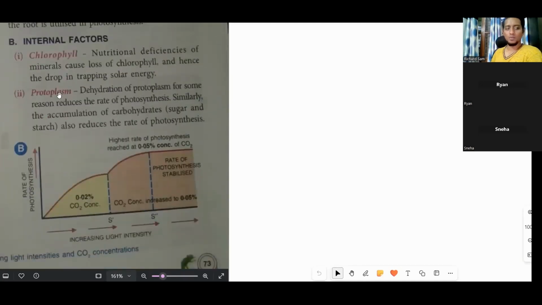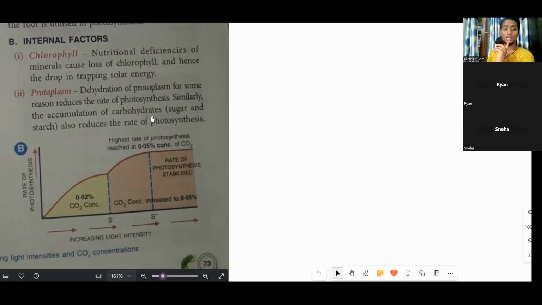Next is protoplasm. What is protoplasm? Everything inside the cell is called protoplasm. That is cytoplasm plus nucleus. If the protoplasm gets dehydrated for some reason, dehydration of the protoplasm can reduce the rate of photosynthesis.